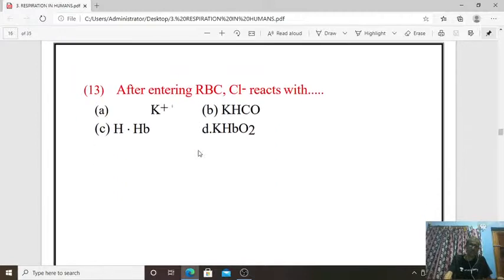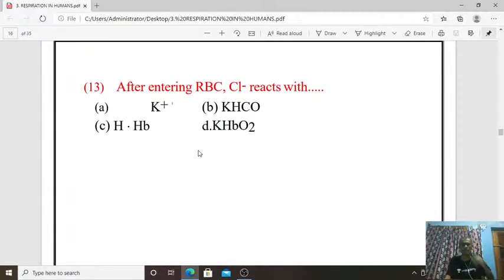Next, after entering RBC, chloride ion reacts with what? To which molecule? After entering RBC, under the chloride shift mechanism in carbon dioxide transport, the chloride ion enters into RBC from the plasma and reacts with the K plus ion, potassium ion.